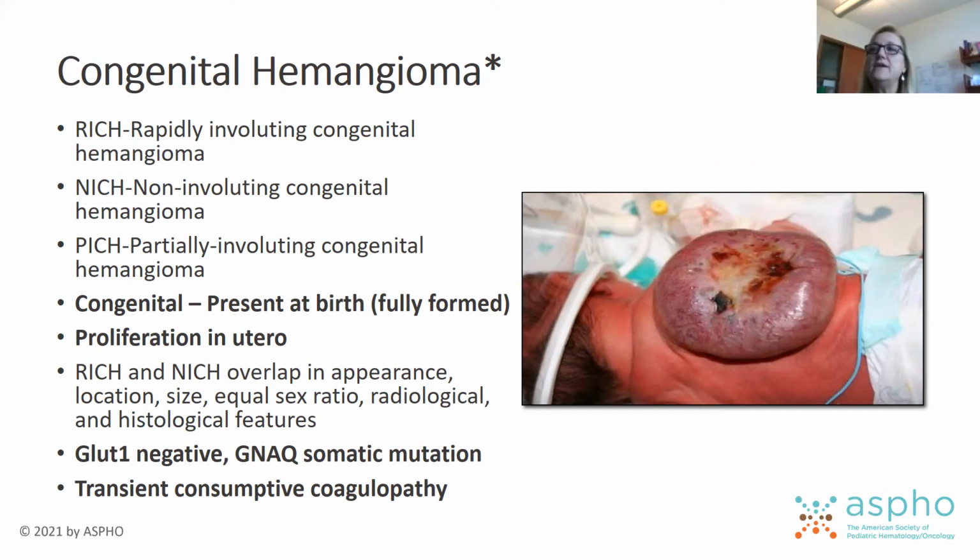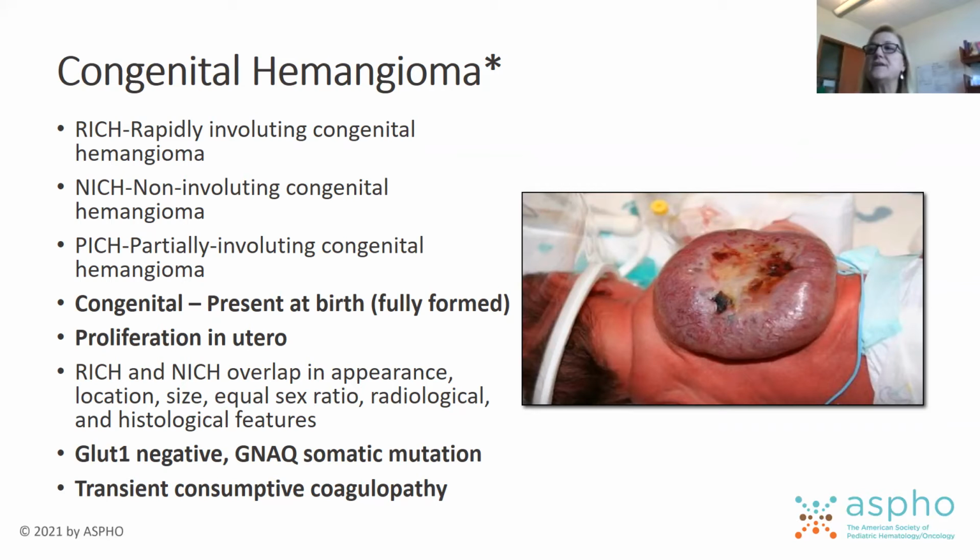And it's going to take you a bit to understand that this, if you picked up this tumor, is more pedunculated and it has a halo around it. Sometimes it can ulcerate in the middle, and sometimes it can have draining veins, so it's prone to bleeding. But these are not solid tumors. These are congenital hemangiomas. So these have somatic mutations, and the somatic mutations are GNAQ somatic mutations.